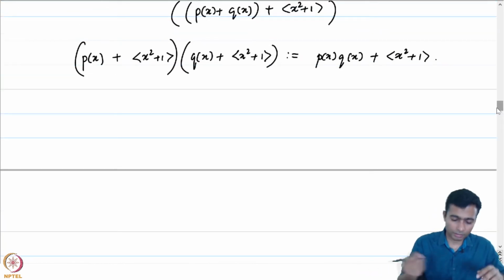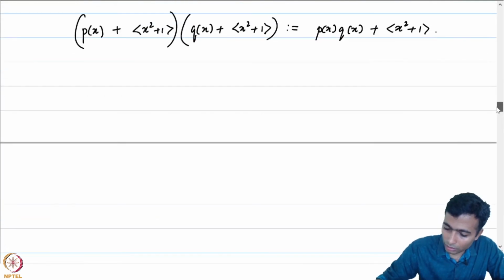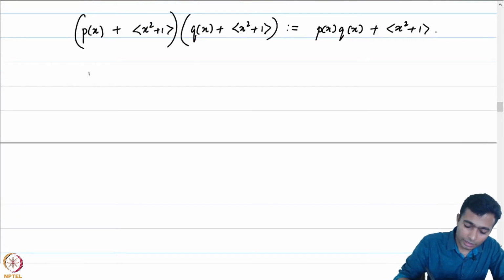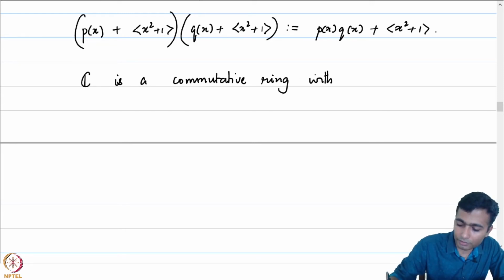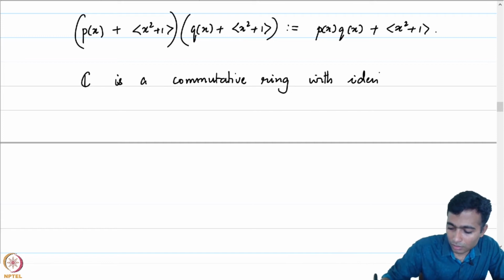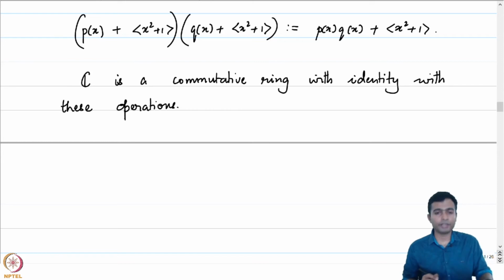And again, let me invoke the knowledge from ring theory to say that C is a commutative ring with identity with these operations. So we have found a commutative ring which is a candidate.